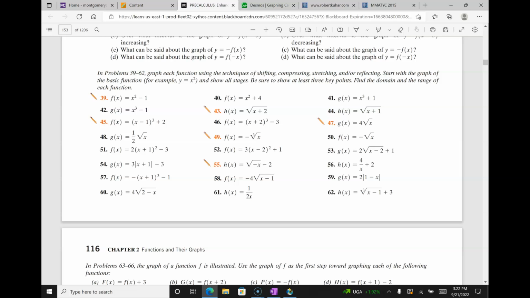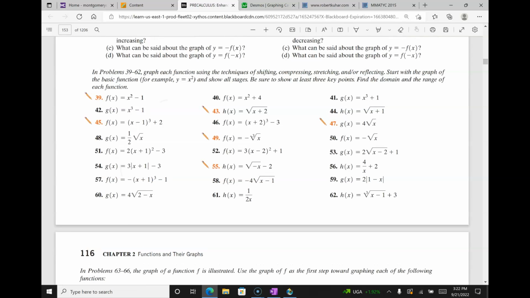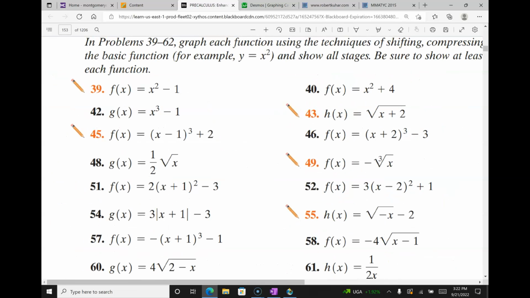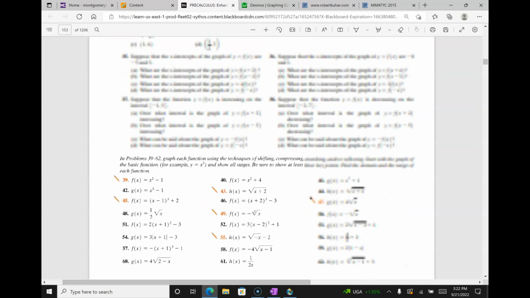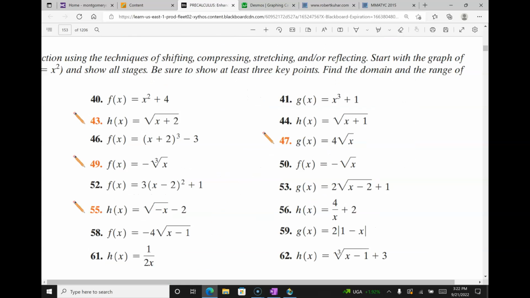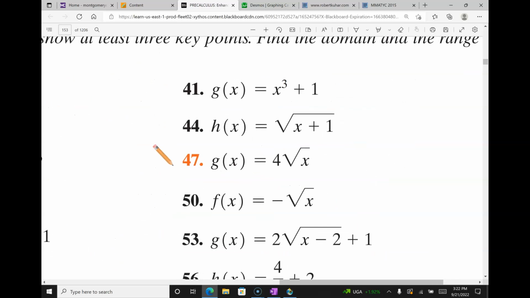And number 53 is a mother function of, where'd it go? Oh, it's over here. What's the mother function there in 53? Hello? Can you hear me? Square root of x. Yeah.